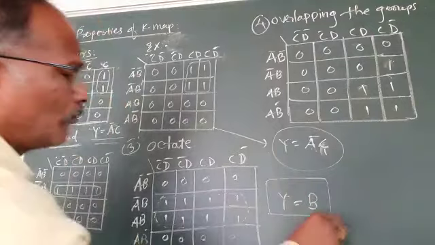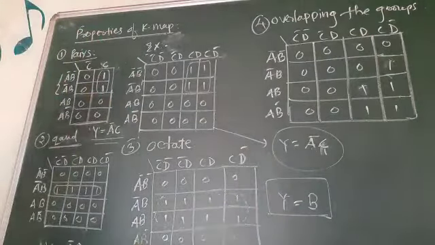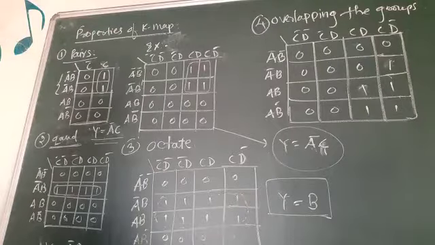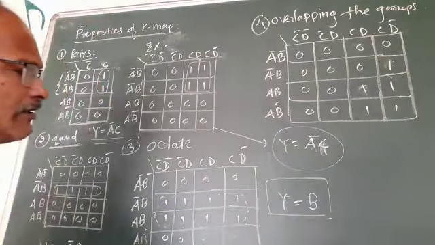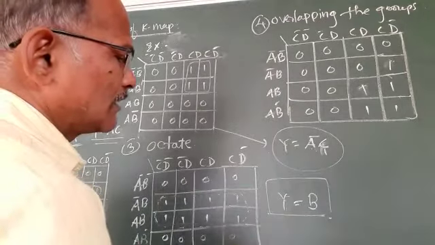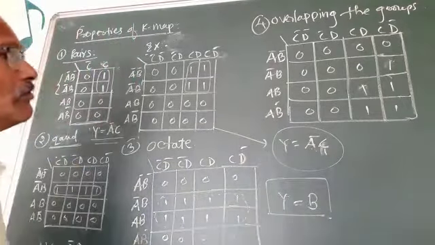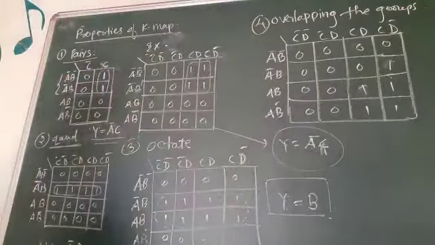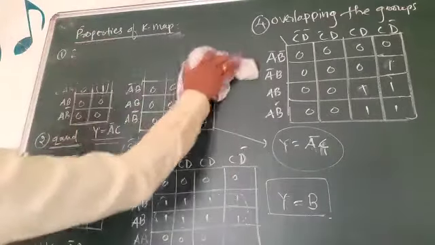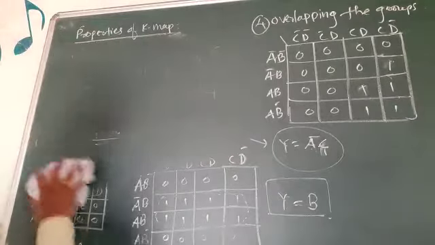As large as possible we have to group the ones. So here this is an octet, and therefore the prime implicant is y is equal to b. Now this is about pairs, quads and octets, after considering the examples.